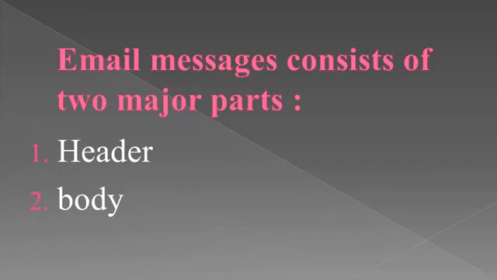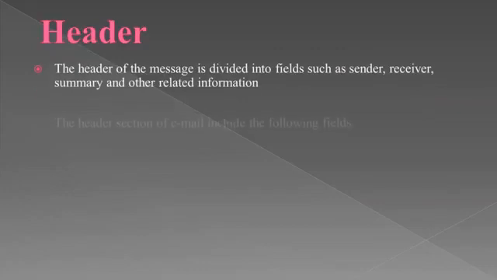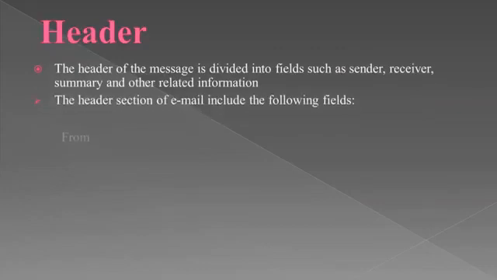First one is From. The email address and optionally the name of the sender will be shown in this section. Next one is To. The email address and optionally the name of the message recipient.